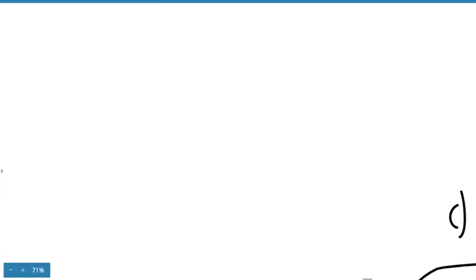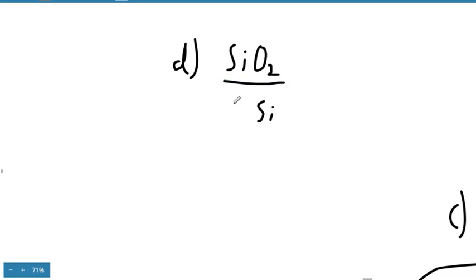Now for the last problem, we have SiO2. We have one Si, so that goes in the middle. When we're placing the elements, we should try to make it symmetrical.